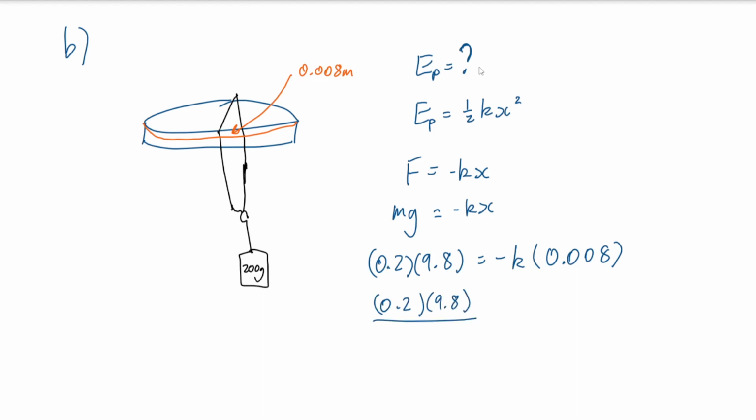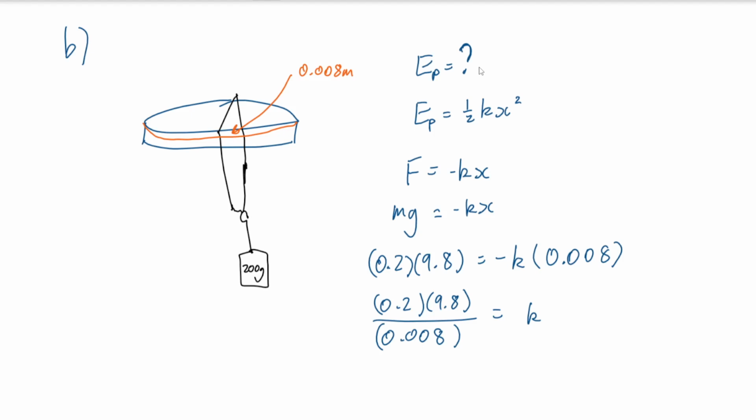Divide both sides by 0.008 equals K. And just a note on this negative sign, what that tells us in Hooke's law is that when you pull a spring, let's say to the right, the restoring force that the spring is providing is to the left, right?